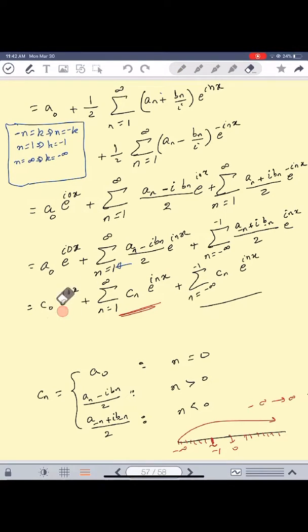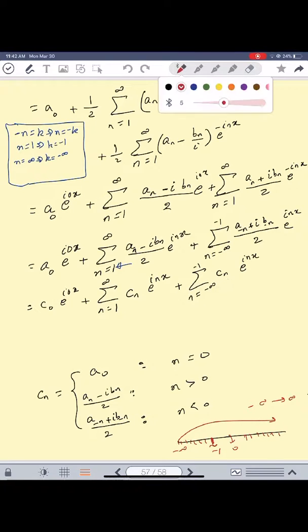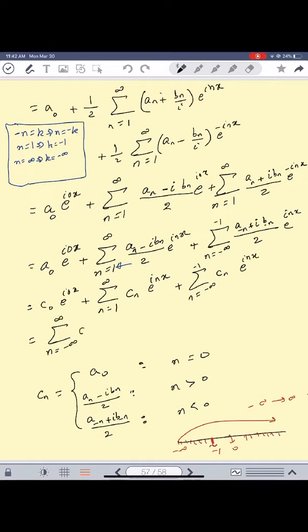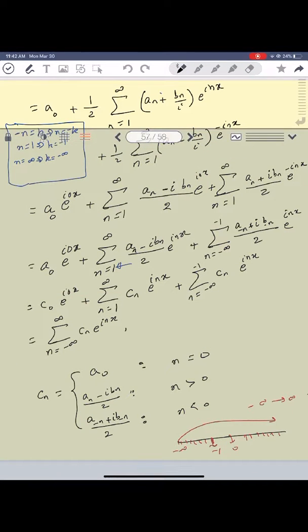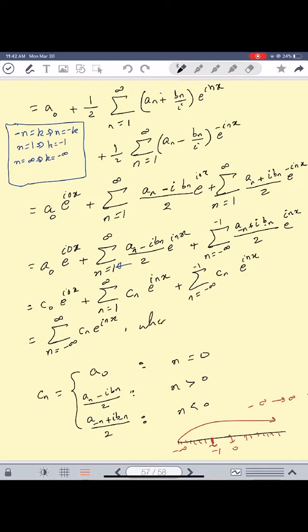So now I'm going to this last line and we're saying, okay, this is equal to one sum from negative infinity to infinity Cn e to the inx. Where, so what are the Cn's? These are the Cn's. Okay, so this is our Fourier series.